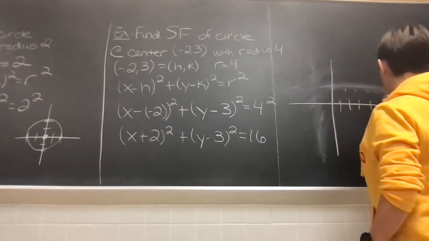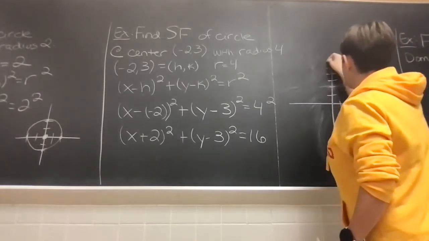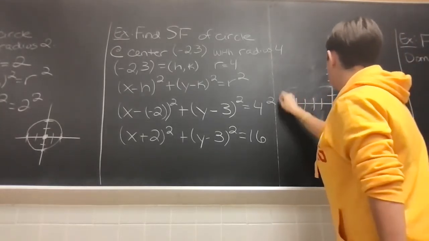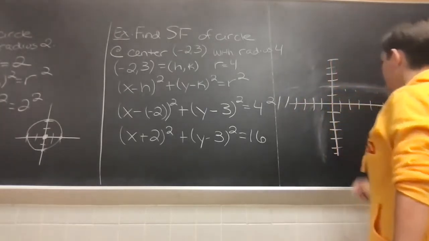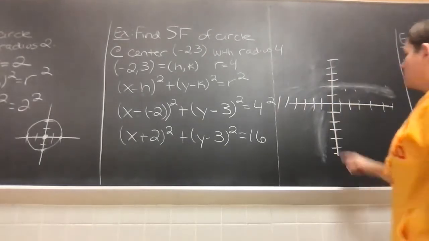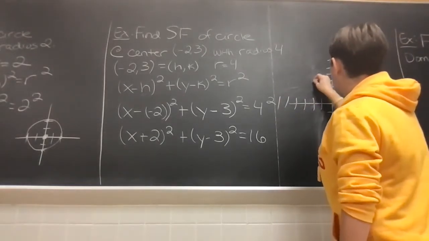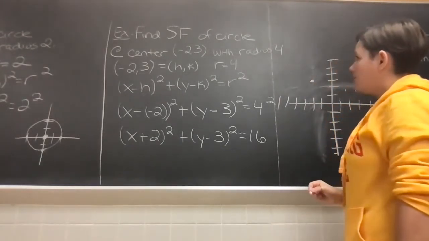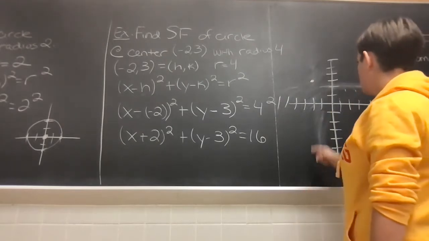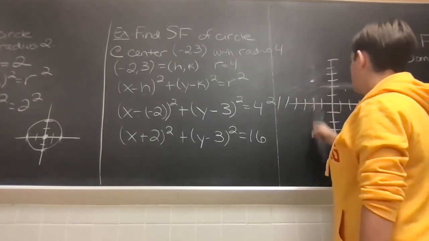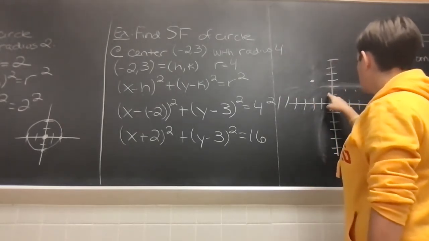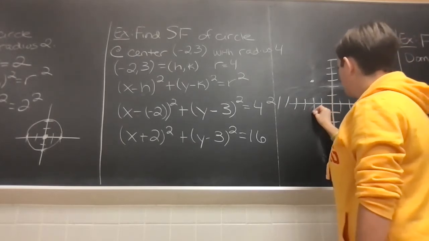All right. So we start with our center, -2, up 3, right there. And then I have a radius of 4. So that means I need to go out, up, down, all the directions 4. So I go 1, 2, 3, 4.